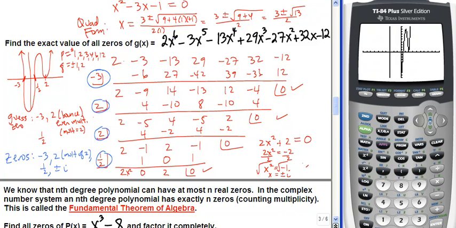And that's good because we had a 6th degree polynomial. So we must have found them all. And just to make a little quick note here, remember those conjugate pairs? I and minus I are conjugate pairs as well. So complex solutions will come in conjugates also.